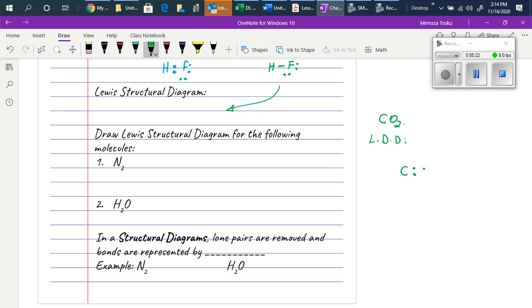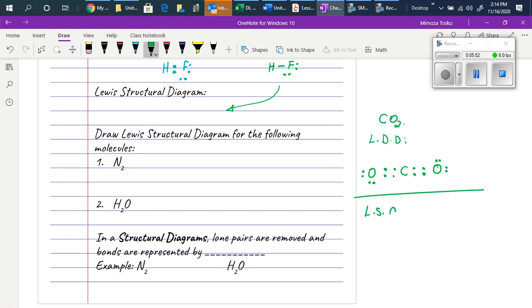Carbon, and then we'll have a double bond between carbon and one oxygen, and a double bond between carbon and the other oxygen. And then we will have 1, 2, 3, 4 more electrons for one oxygen, and 1, 2, 3, 4 more electrons for the other oxygen. So this will be the Lewis dot diagram.